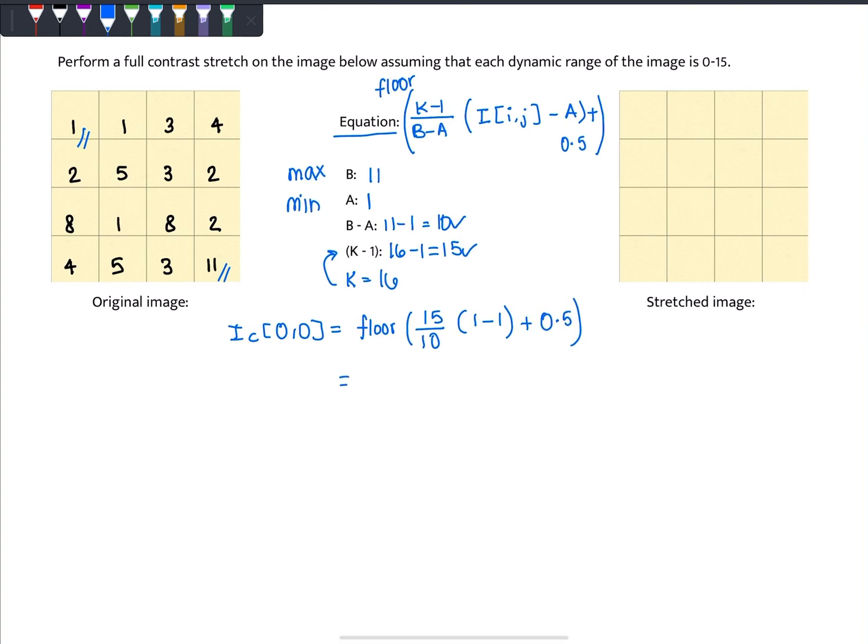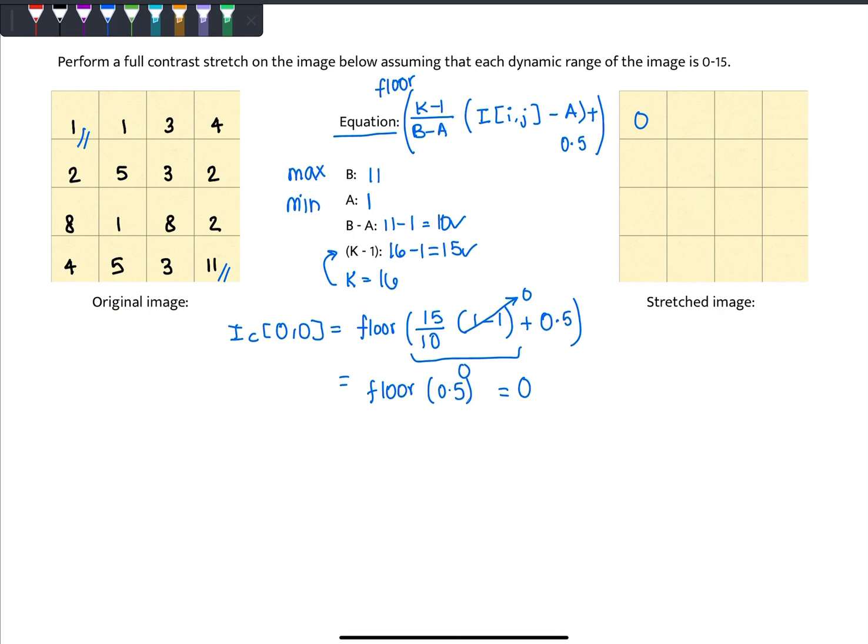So what does that give us? 1 minus 1 goes to 0. That means all of this is 0. That means we're left with the floor of 0.5, which is 0, right? So we've computed our stretched intensity for the very first pixel over here, and that's going to be 0.